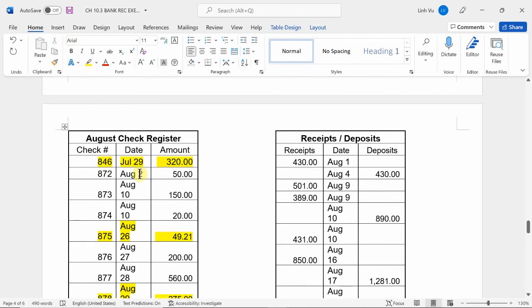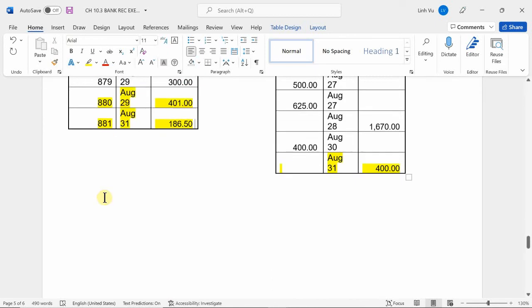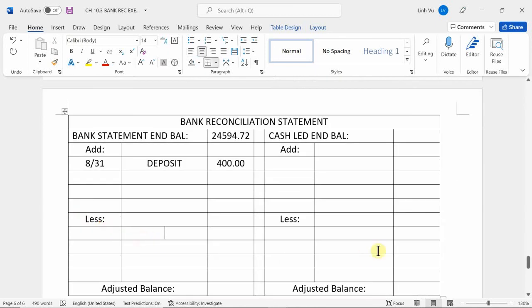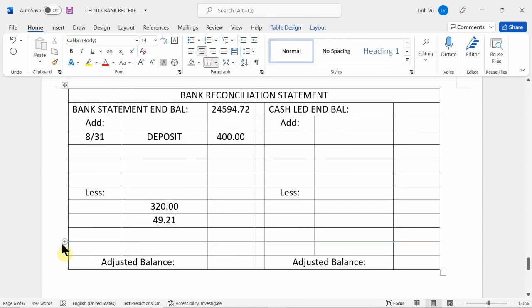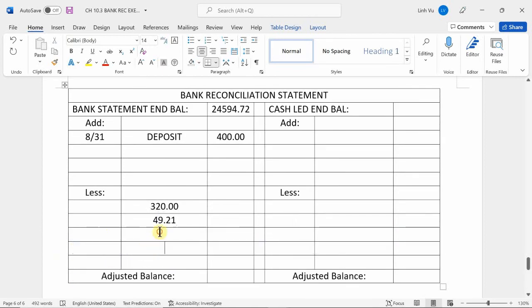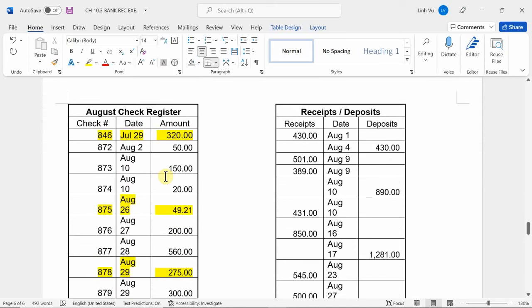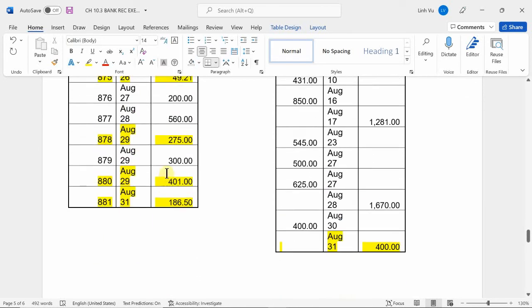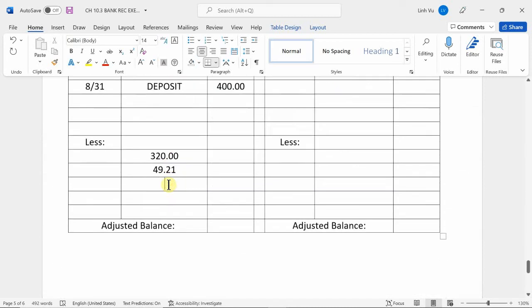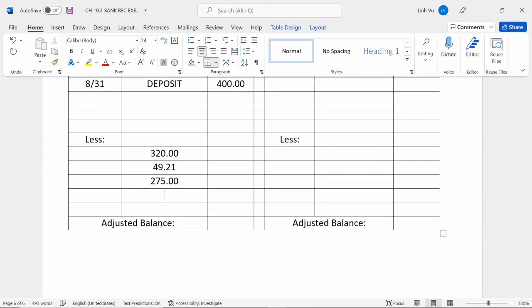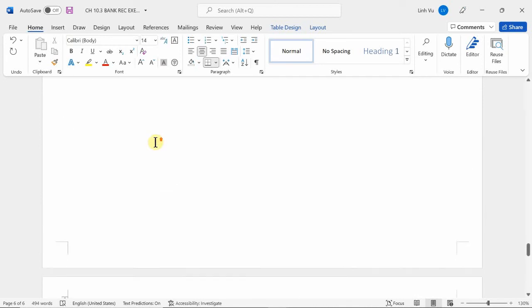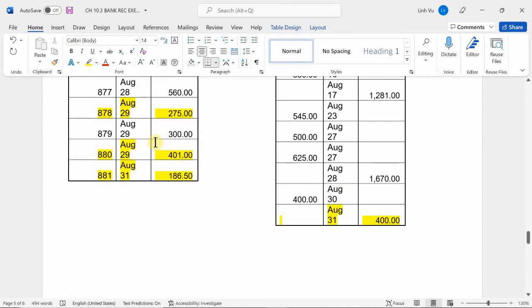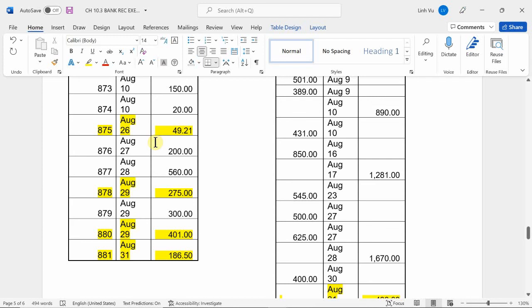So you got one for 320, one for 49.21. Okay, you have, let's see, what else are you missing? You have one for 275, one for 401, and then the last check you have here is for 186.50.